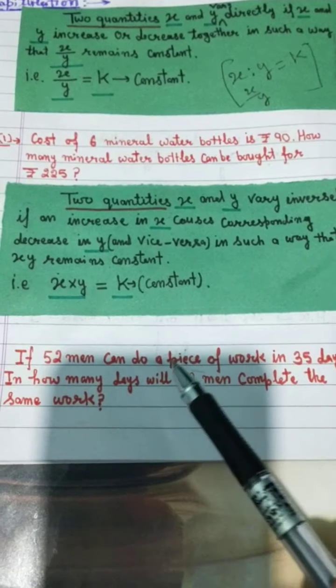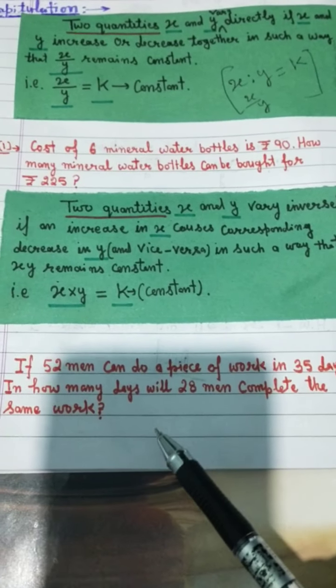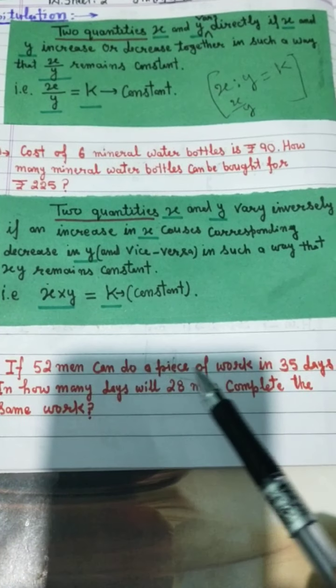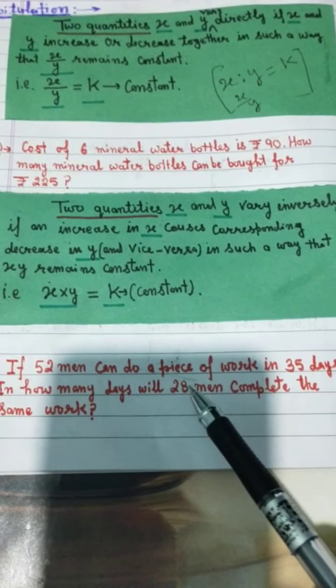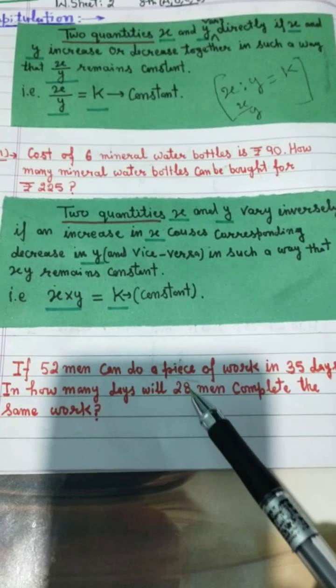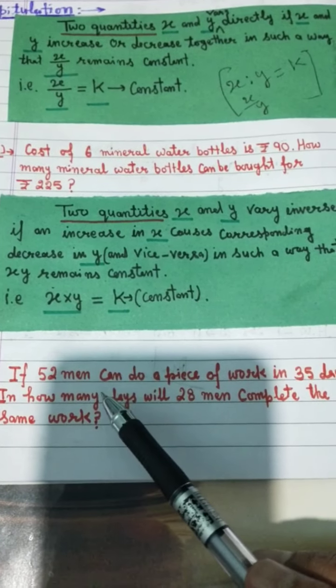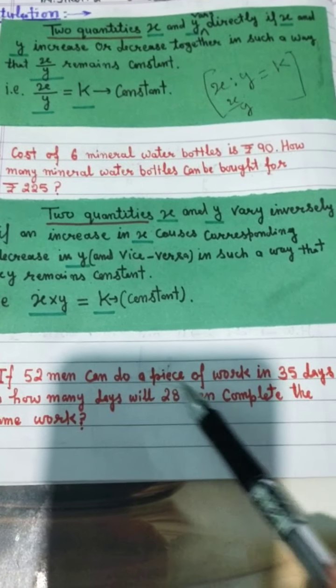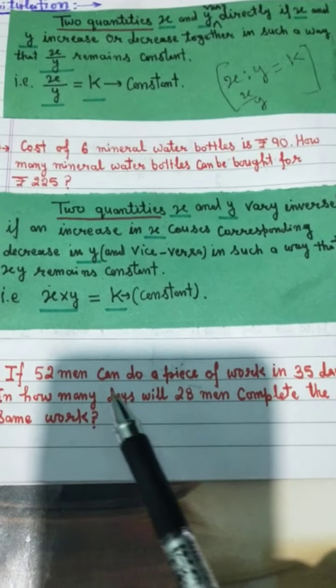The work done is the same. So if the number of men reduces in this case, then the number of days will increase. So the number of days taken will be more than 35 days.